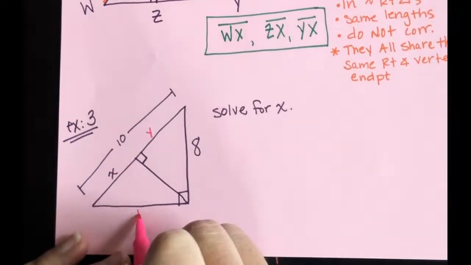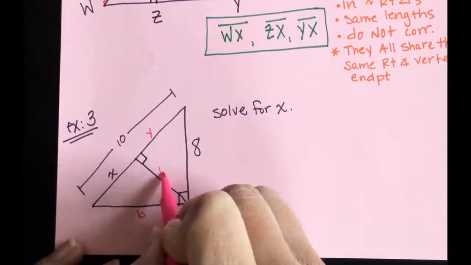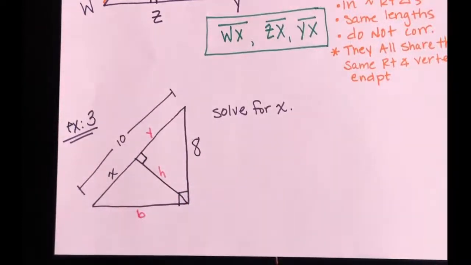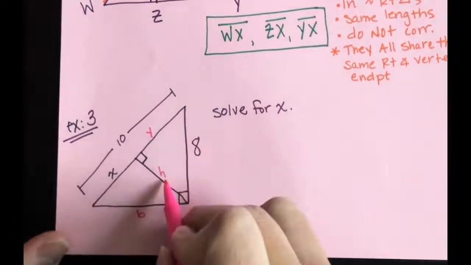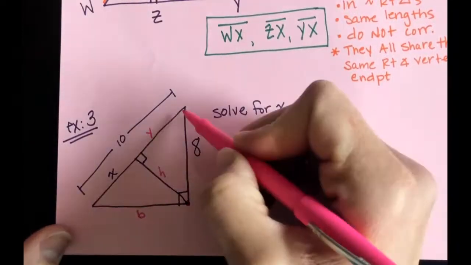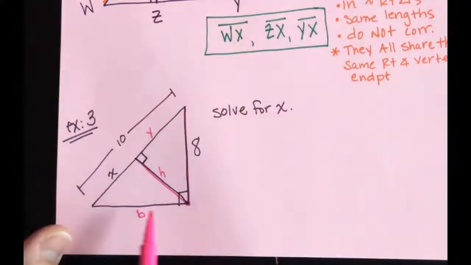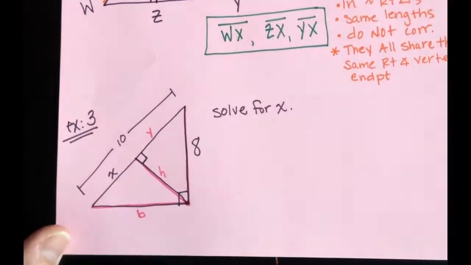We can throw b in here because one of our initial formulas had a b, and we can put an h here. So one of the strategies would be to just write all the formulas out. So I can see that I have my 3 geometric means. They all come out of that right angle, 8. Now what we have labeled as h and what we have labeled as b.